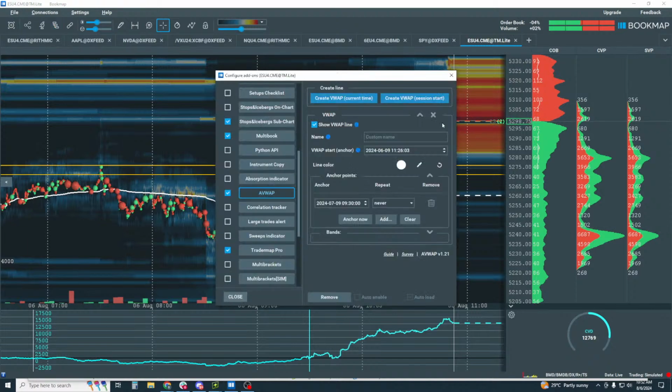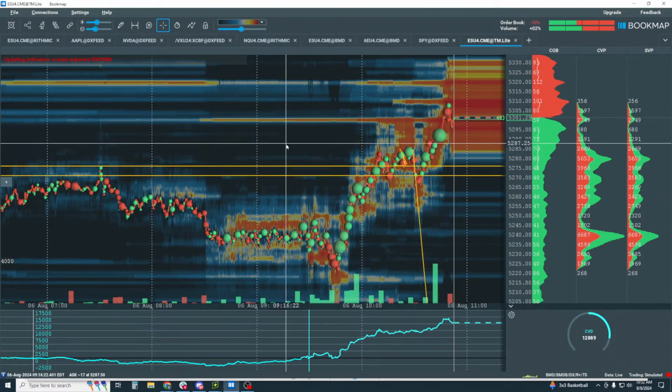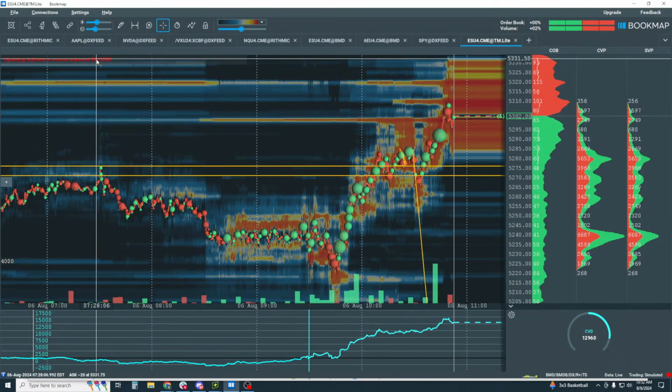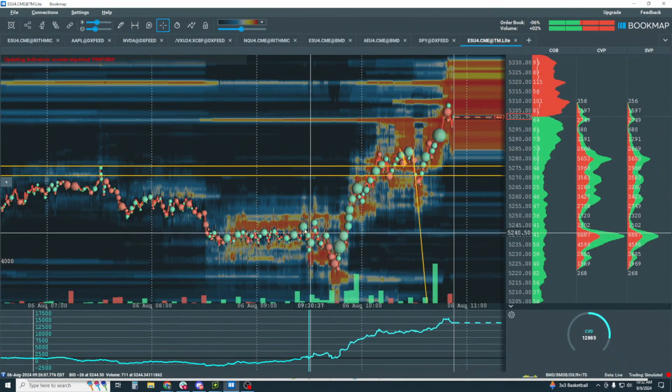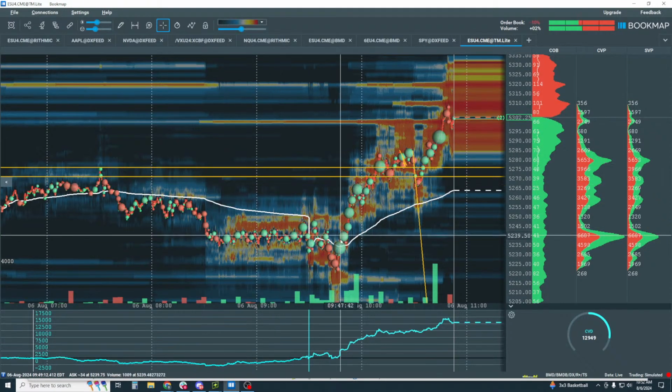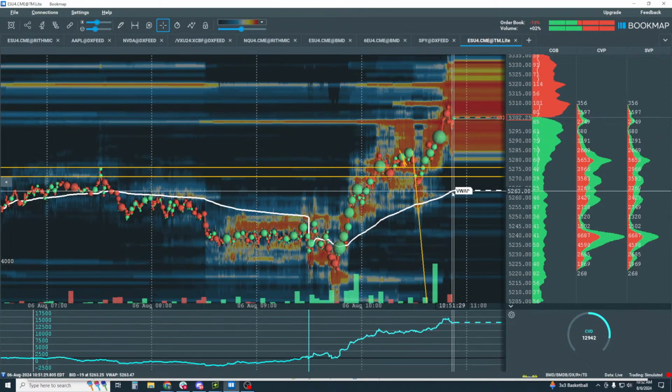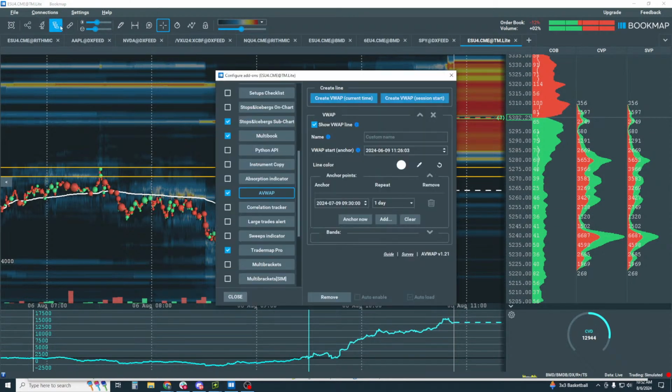So we'll go back to our anchored VWAP, 9:30. I just needed to have it reset daily. That's all. So it'll work here now. We should see it reset right here at 9:30. There you go. So there's your regular VWAP in here. And now just keep your anchored VWAP open and you're good to go.